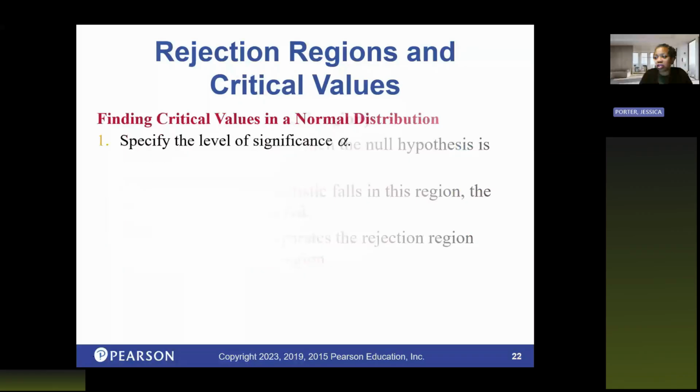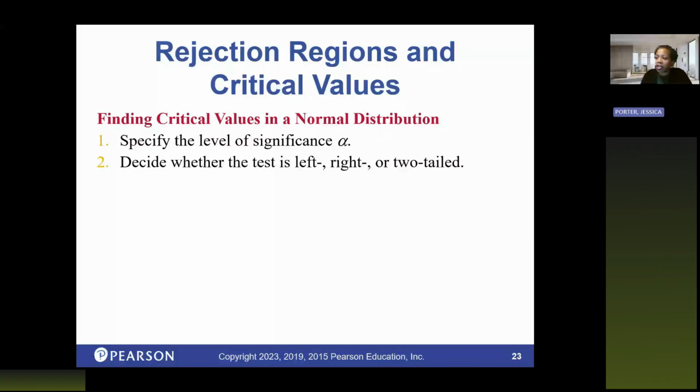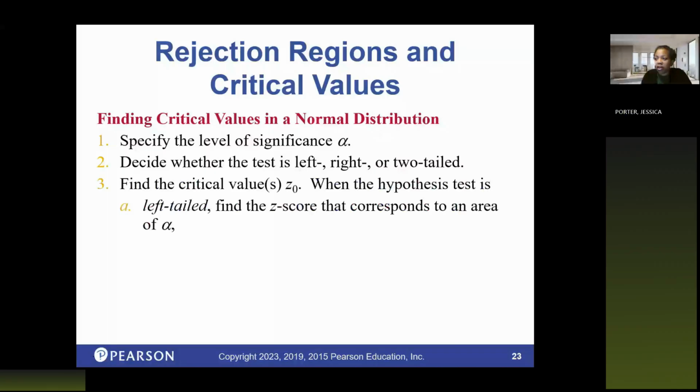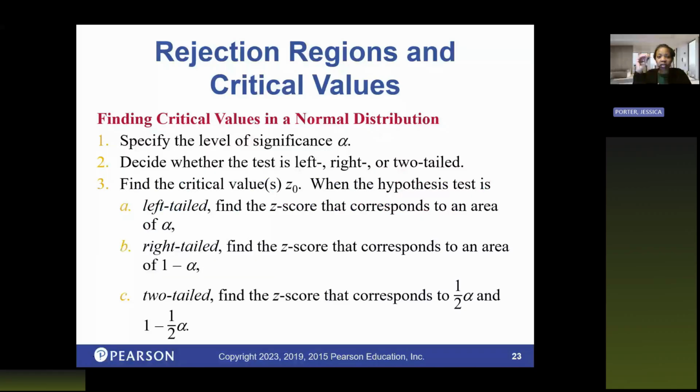Okay. Finding critical values in a normal distribution. First, you specify the level of significance, alpha. Decide whether the test is left, right, or two-tailed. Find the critical values, and that goes back to our rules that we talked about. Left tail, you're going to find the z-score that corresponds to an area of alpha. Right tail, 1 minus alpha.